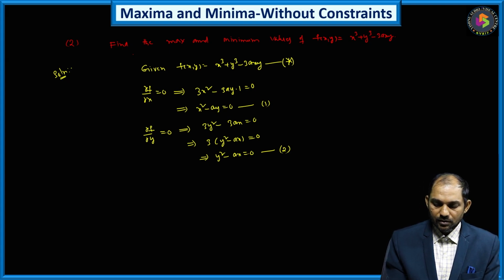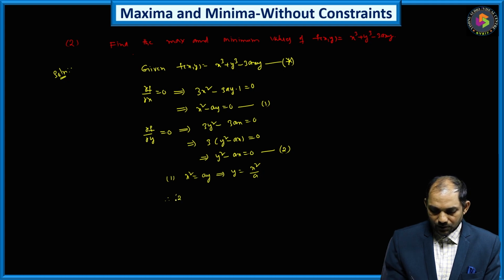Let me take 1 and 2, subtract one from the other, or you take one variable from equation 1 and substitute into the other. So from 1 we have x square is equal to ay. This implies y is equal to x square by a. So substitute this into equation 2.